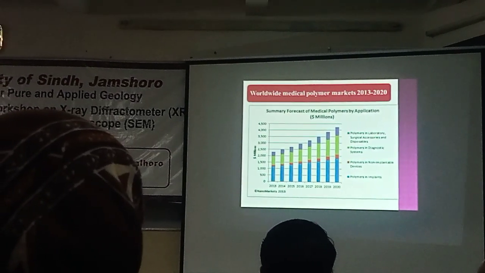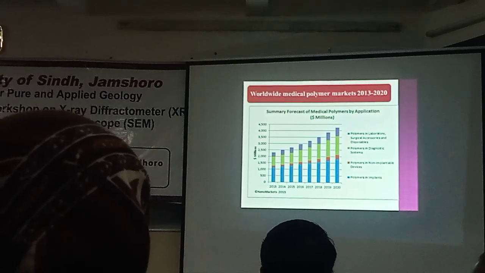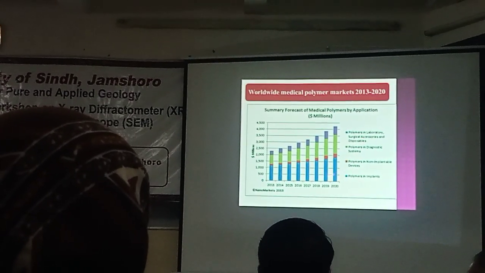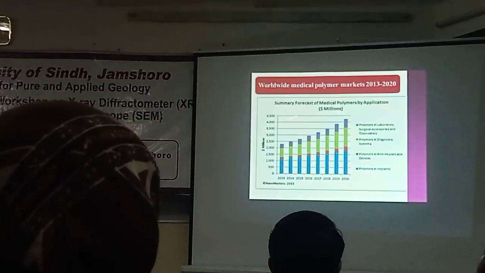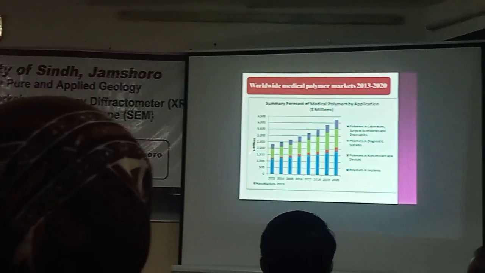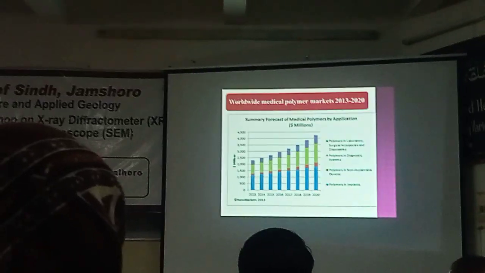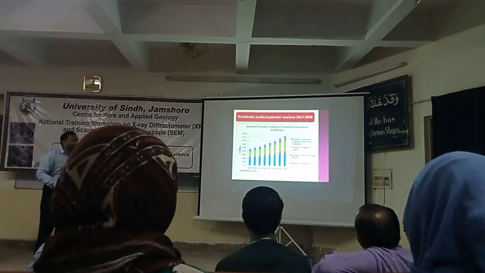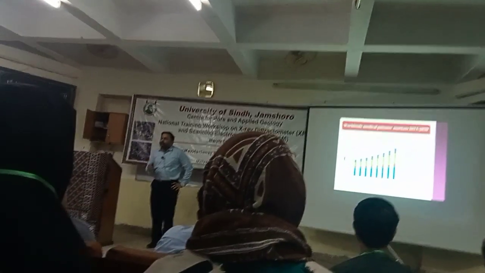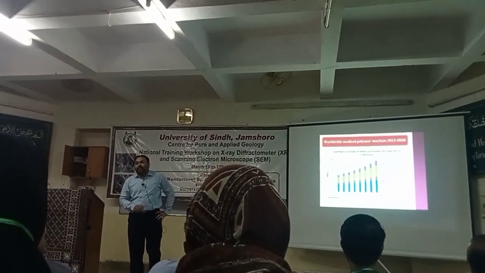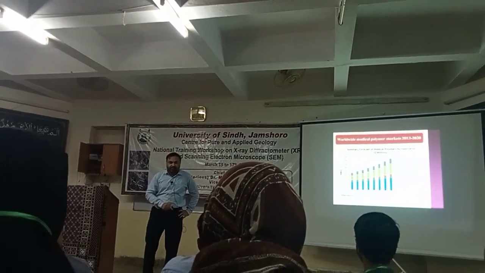This was a summary of the forecast predicted in 2013, that in 2020 the expected market would be more than $4,000 million. But now, past 2020, the actual market is more than 7,000 billion, not million.